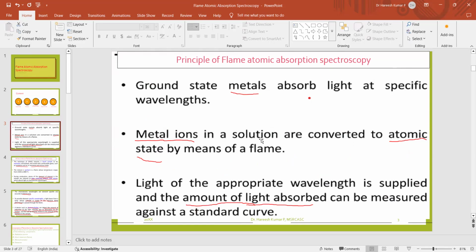So metal ions in a solution are converted into atomic state by means of flame. And these atomic state metals absorb light at a specific wavelength, and light of appropriate wavelength is supplied, and the amount of light absorbed can be measured against a standard curve.